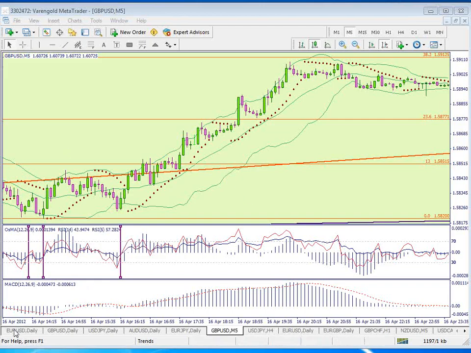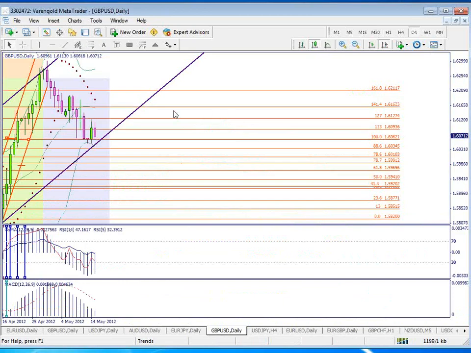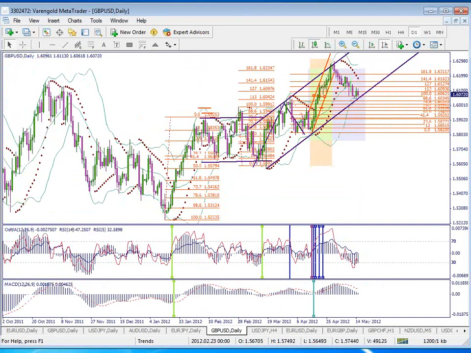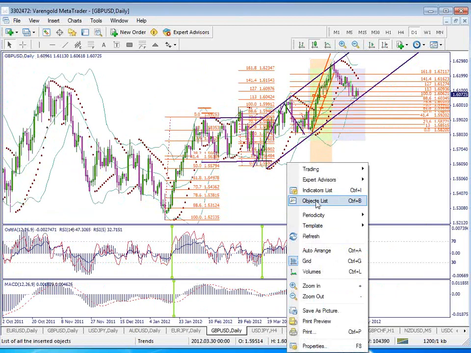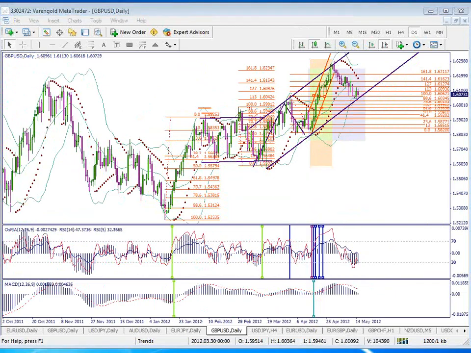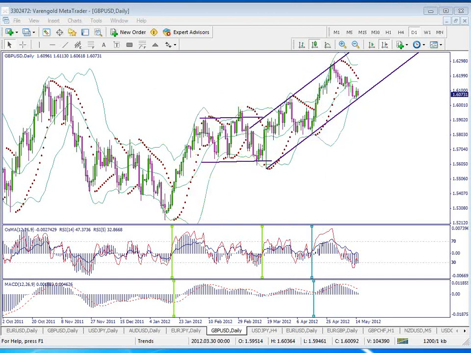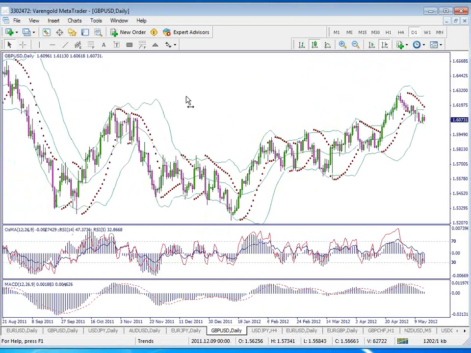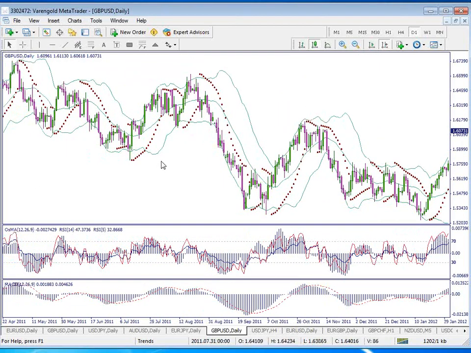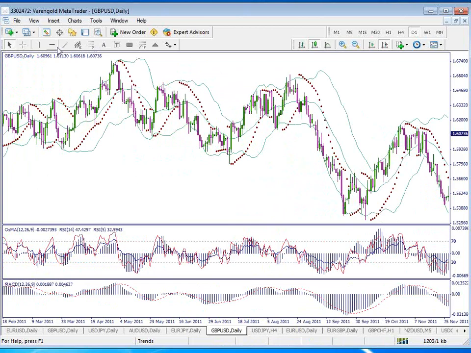Okay, let's go to the pairs to see what we have. I just want you to see something different, something more. I will clear those charts. So for the daily chart, we have just a few signals.